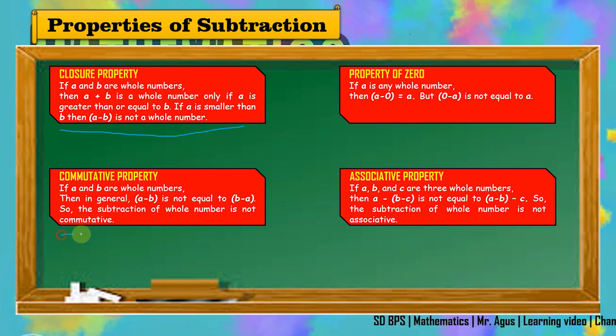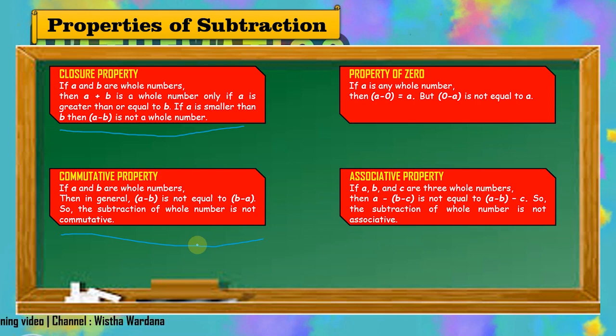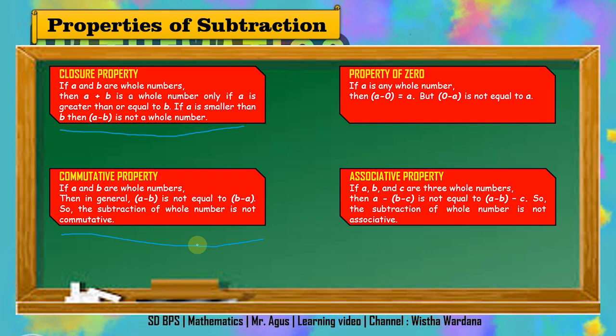Let's move to the next one, commutative property. If A and B are whole numbers, then in general, A minus B is not equal to B minus A. So the subtraction of whole number is not commutative. Okay, and then property of 0.